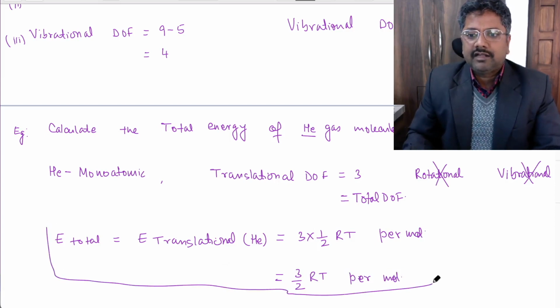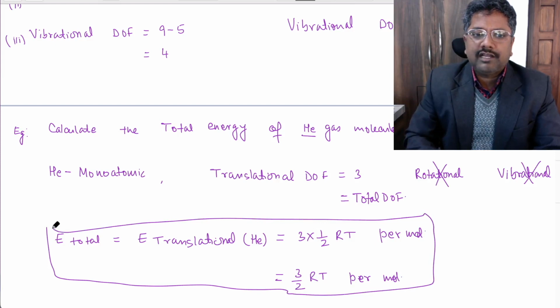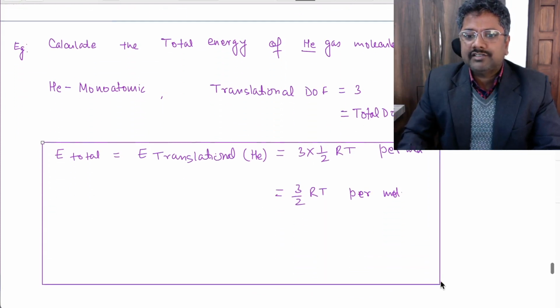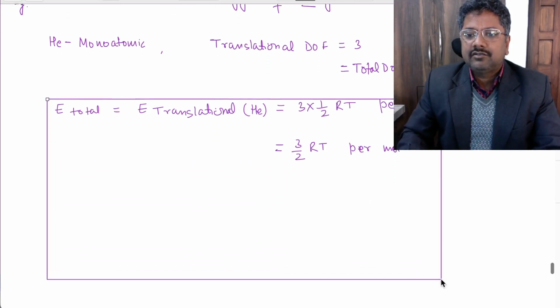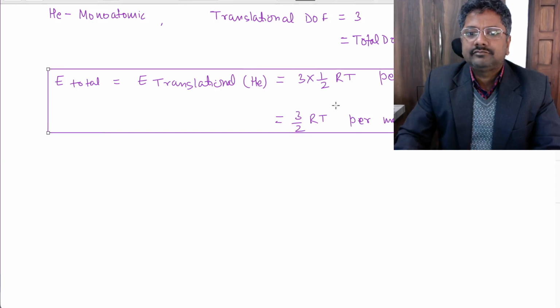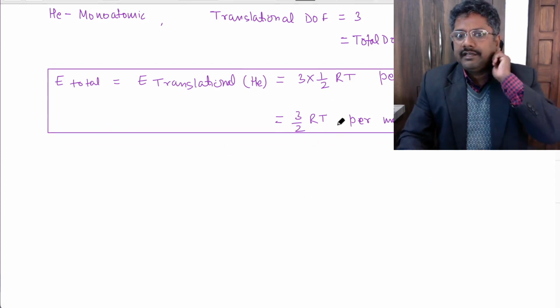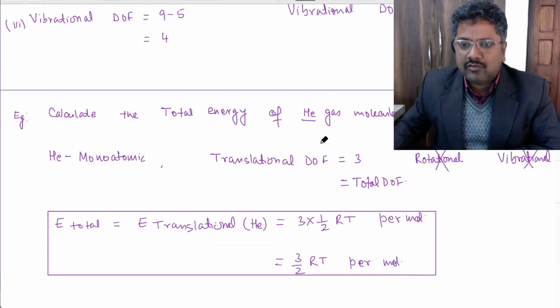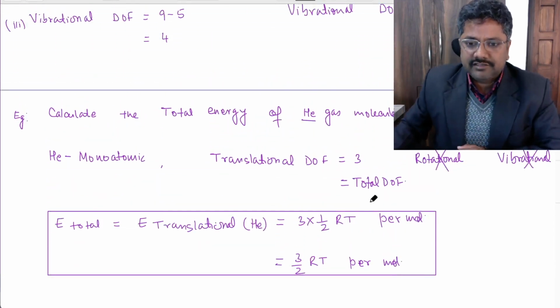So for this helium or monoatomic gas, total energy is basically translational energy. So whether they have asked translational kinetic energy or total energy, you can calculate the same.